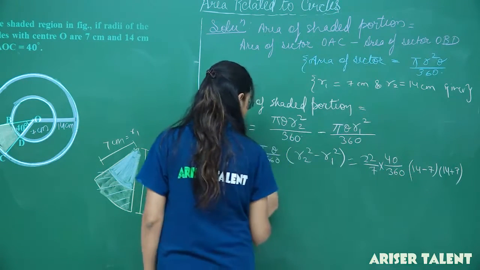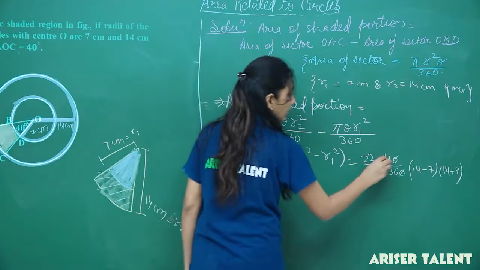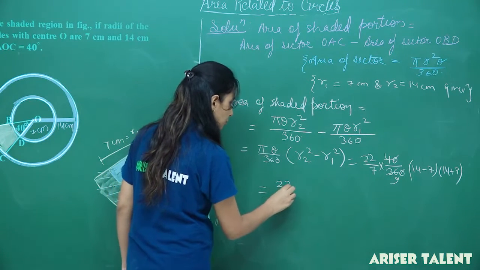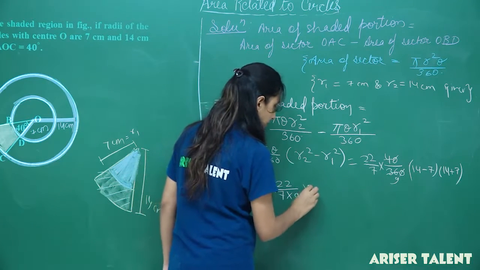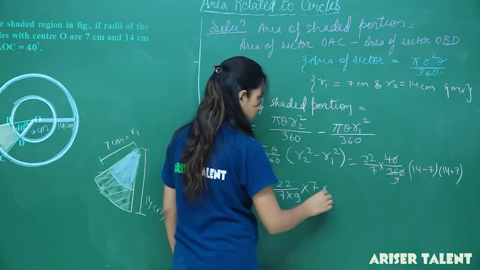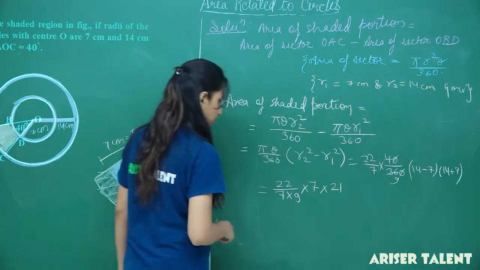Okay. So, what will it become? It can be cut by 9. So that will be 22 by 7 multiplied by 9, multiplied by 7 here and 21.